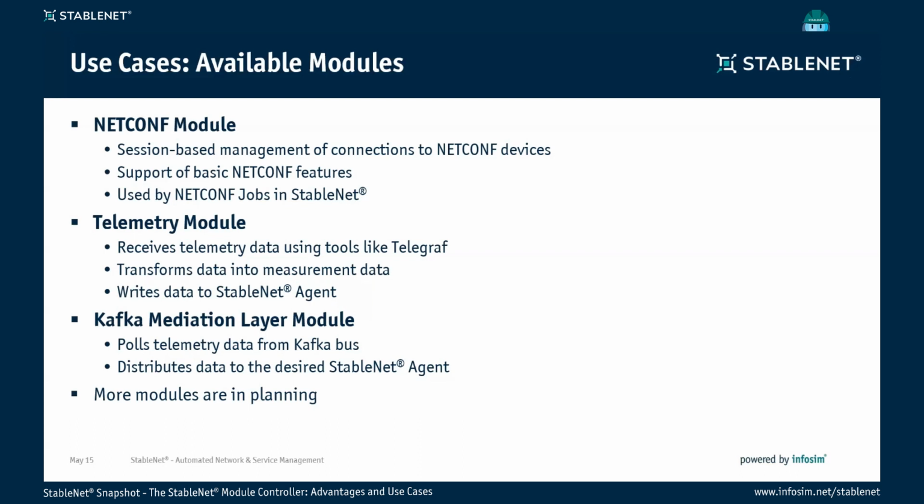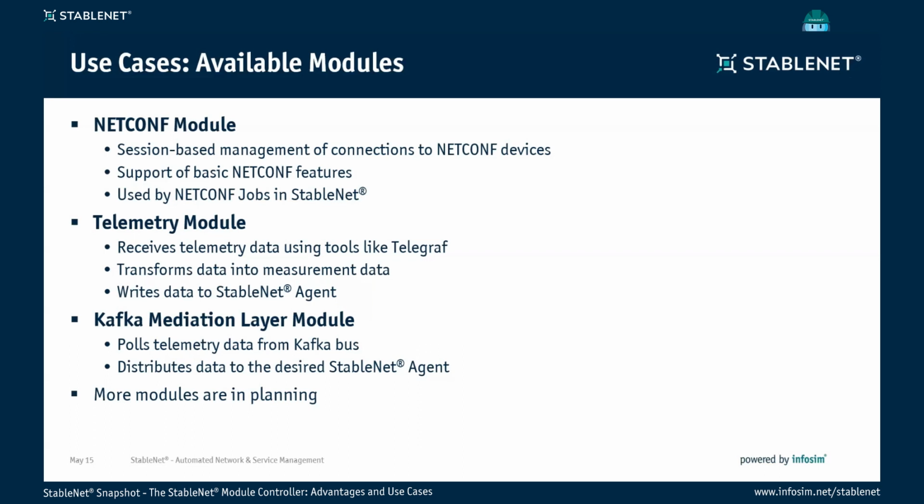As another module, we have the telemetry module. The telemetry module uses tools like Telegraf to subscribe to or to receive data from telemetry devices, processes the data and brings it into a format we can reuse in StableNet, and afterwards pushes it to the StableNet agent for further processing.